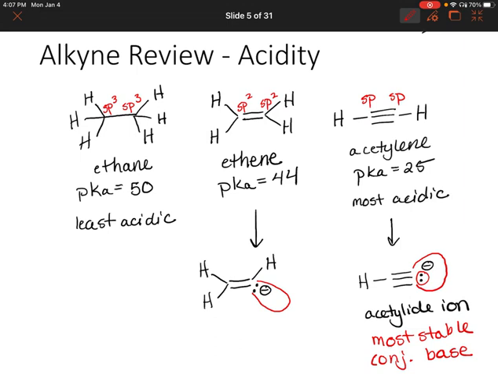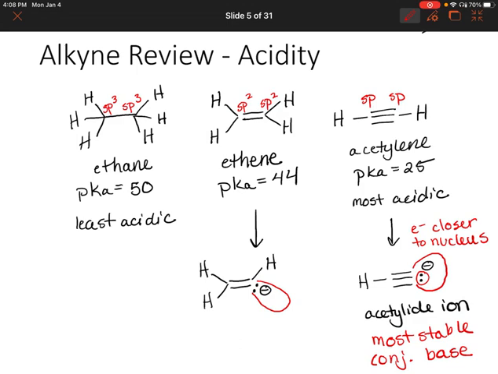And if electrons can be closer to the protons in the nucleus, they'll be more stabilized. So we'll just write here electrons closer to nucleus. And that's what causes the stability of the acetylide ion compared to the other conjugate bases.